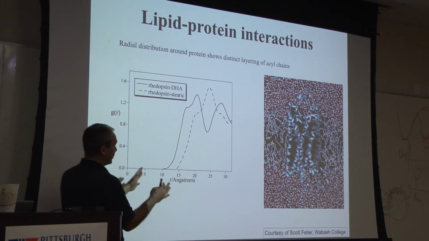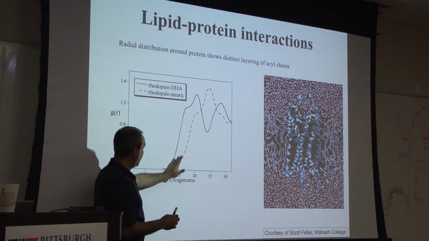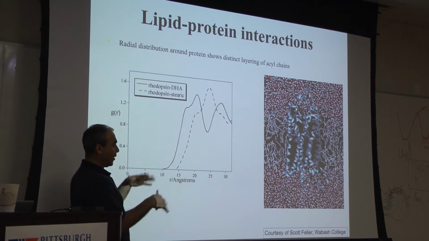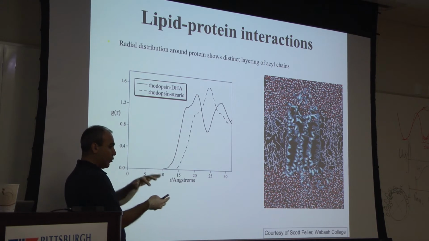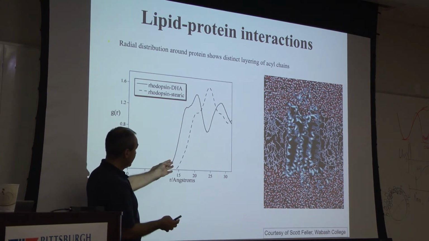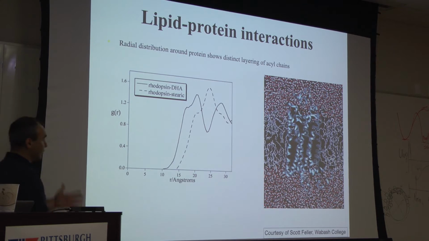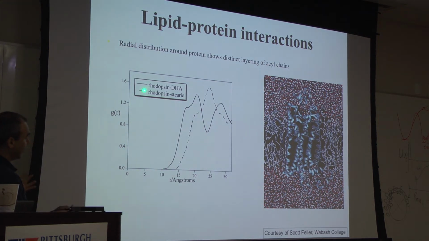If you look at the average distance between the protein and lipid, you can see that these unsaturated, highly mobile lipids can pack more closely to your protein. These are the radial distribution functions between the DHA polyunsaturated tail and the other tail of the lipid. So that can have major ramifications.